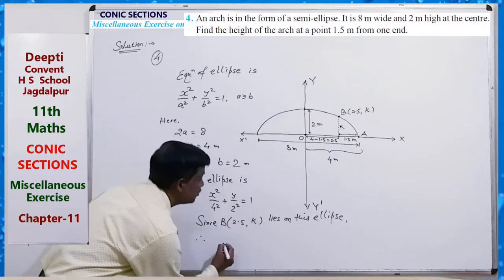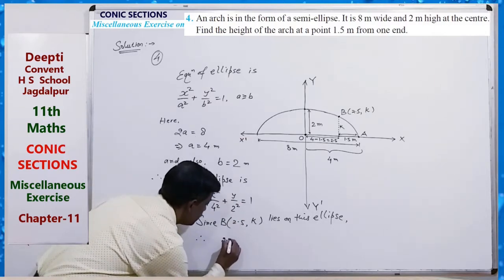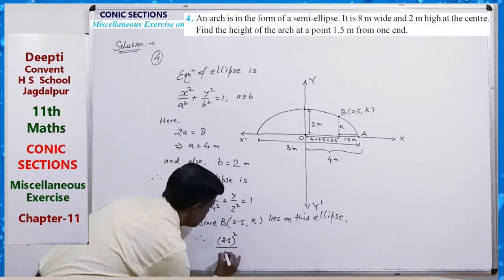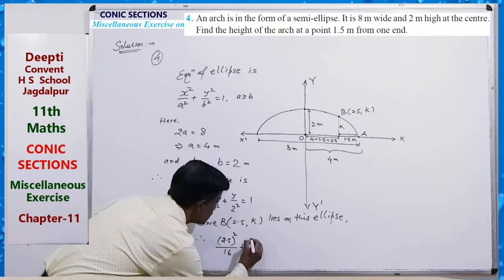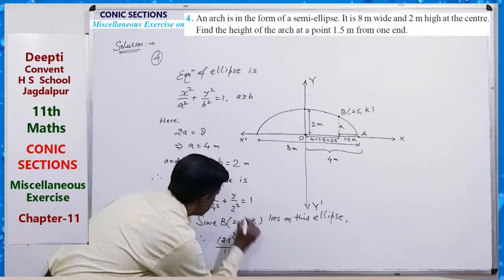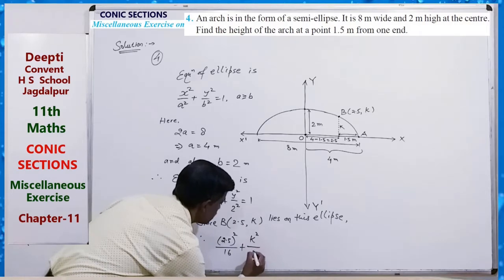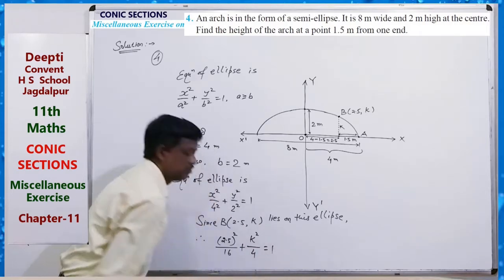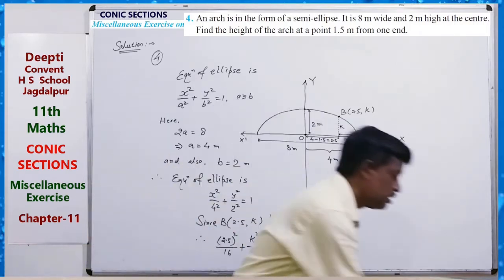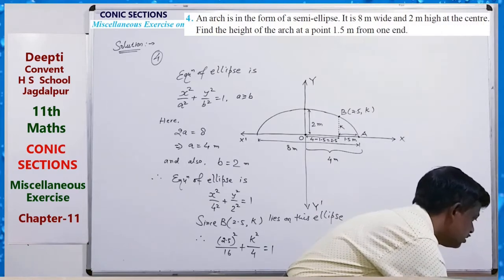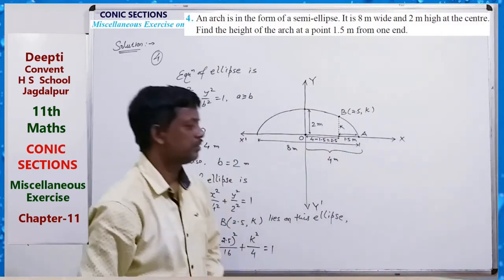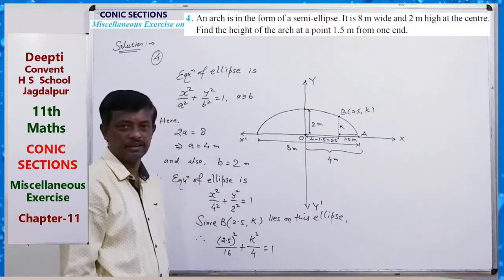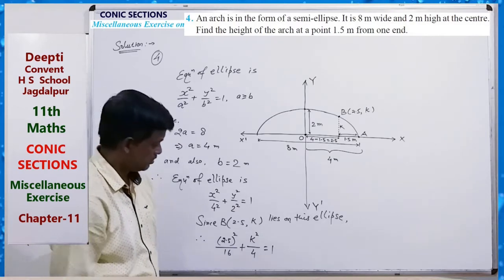So x equals to 2.5, 2.5 square upon 16 plus k square upon 4 equals to 1. Now you can solve it and find the value of k. So just solve it.